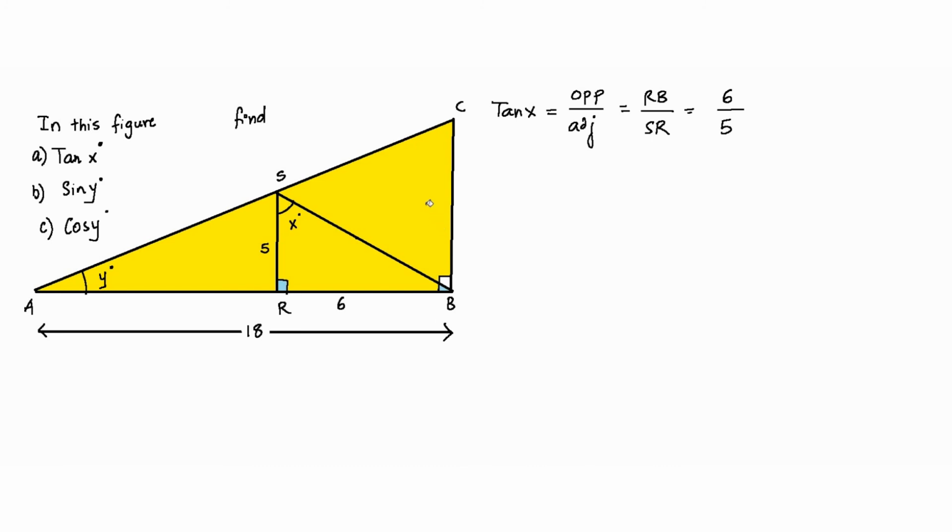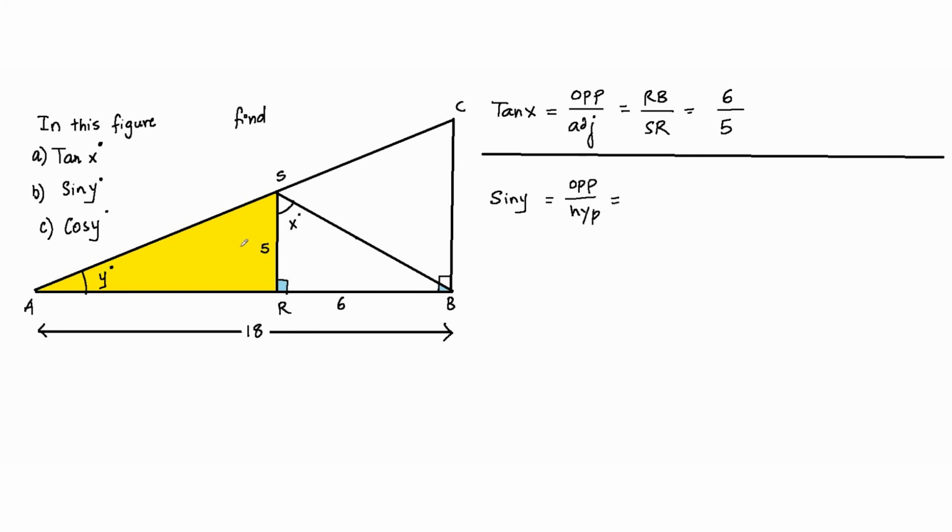So now I am thinking of another triangle that I can choose. The triangle that I notice is triangle ASR, right? This particular triangle is also a right angle triangle, and so this triangle might help me find the values of sine y and cos y. So let me write the values. Sine y is given by opposite upon hypotenuse.